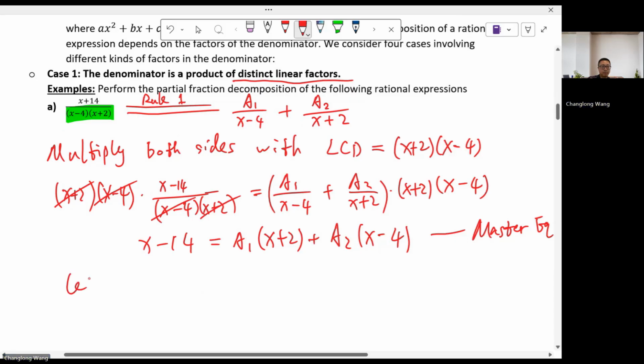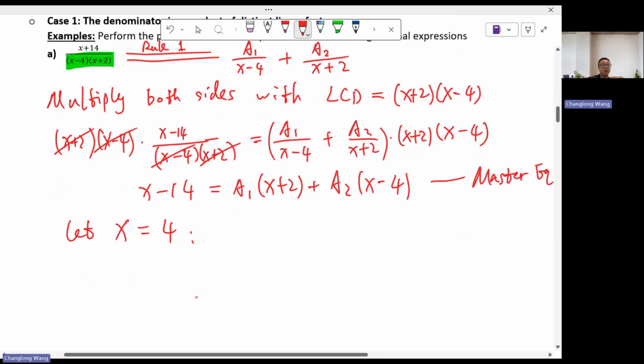For example, what if I take x to be 4? So I can evaluate the left-hand side: 4 plus 14. What about the right-hand side? First part, a1 times 4 plus 2.